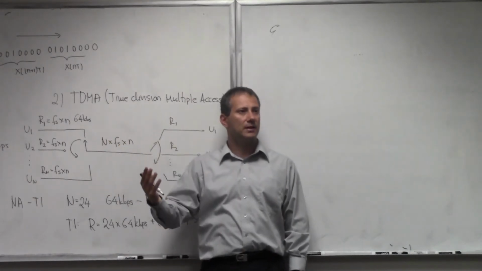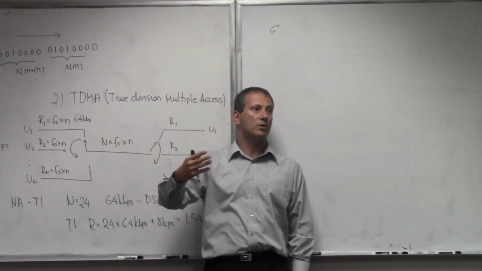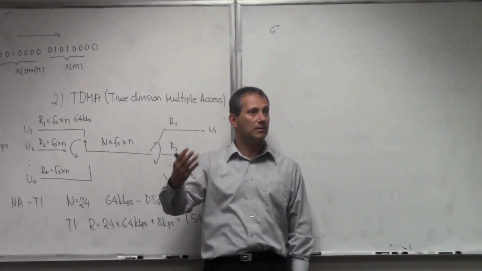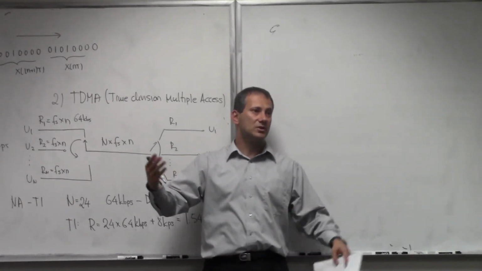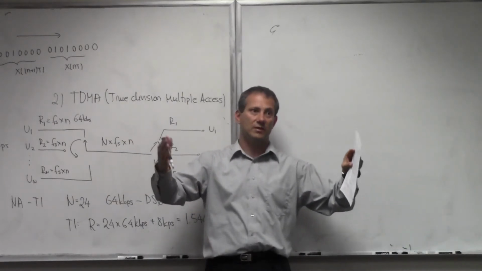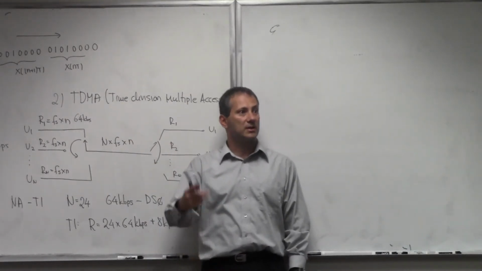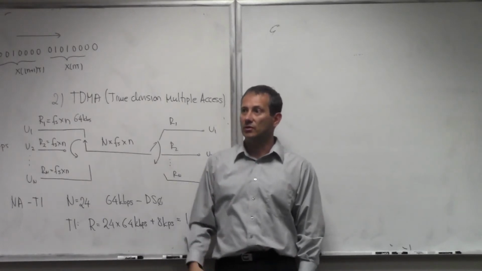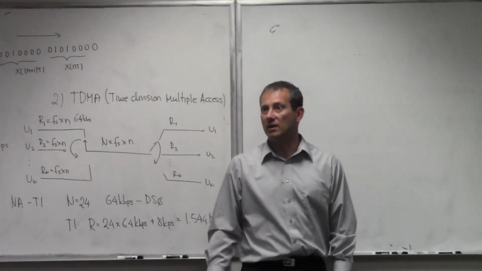So when you multiply that, it ends up at 2.048 megabits per second. So it's the same concept. It's just that it's more users. You have 30 users plus 2 signaling channels on the same E1 line.